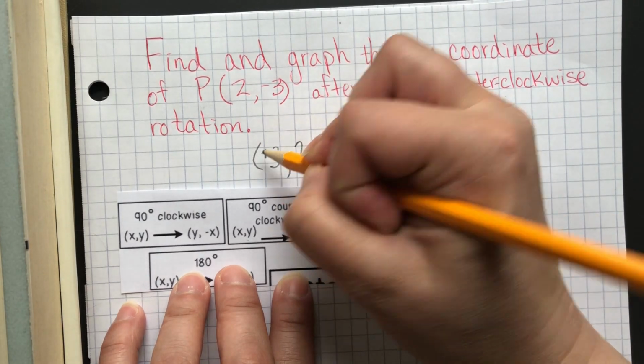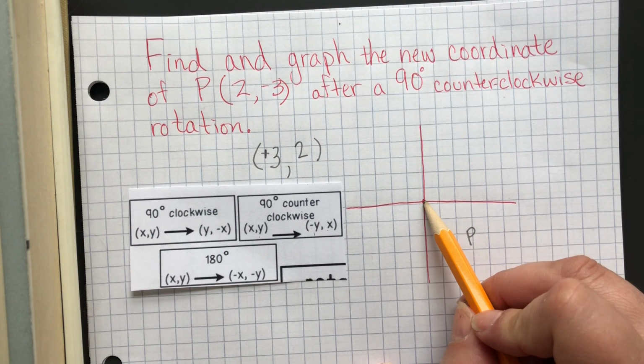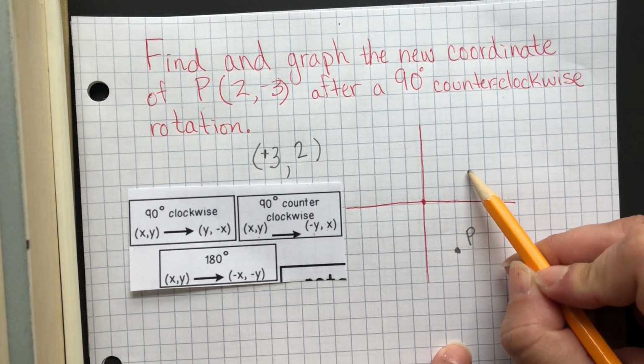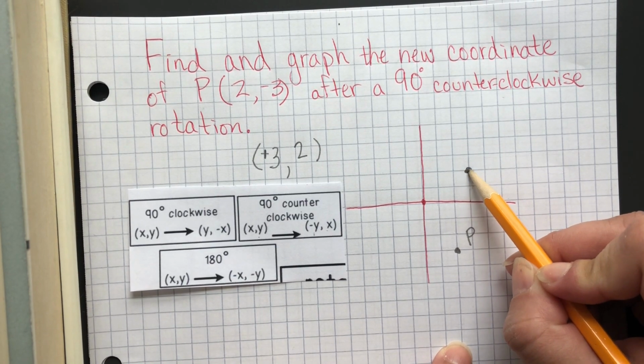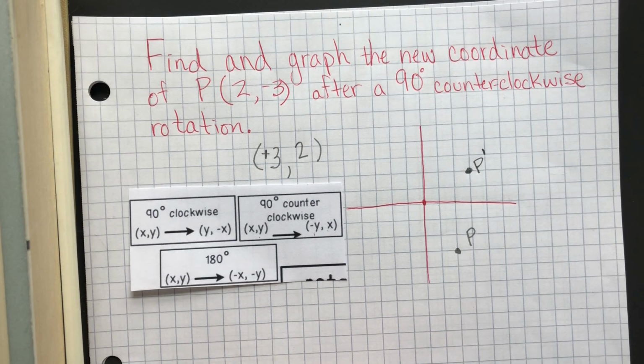So this is now going to be a positive 3, 2. And now all you do is plot that point, start at the center, forward 3, and up 2. And this is our 90-degree counterclockwise turn. We're going to write P prime.